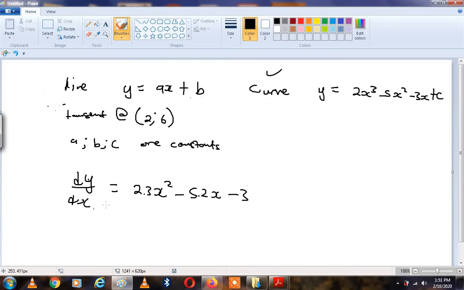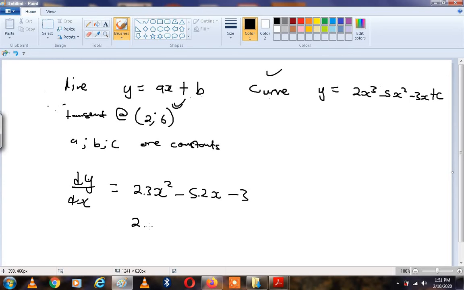Right. Now, since we know that at the point of tangency we've got these points, and we know the value of x, we can input it there.